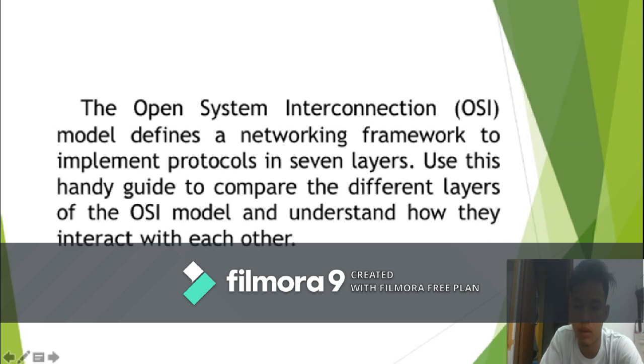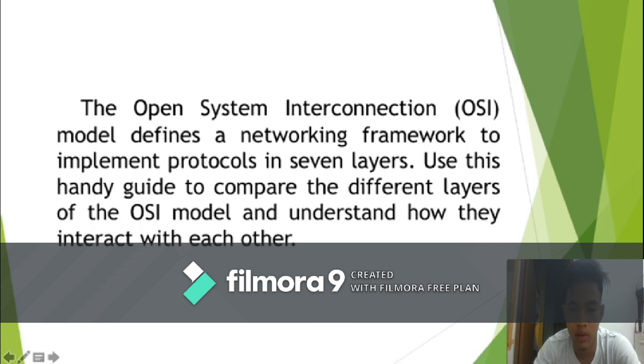At this point we'll be discussing what the 7 layers of the OSI are. We have layer 7, application; layer 6, presentation; layer 5, session; layer 4, transport; layer 3, network; layer 2, data link; and layer 1 is the physical.